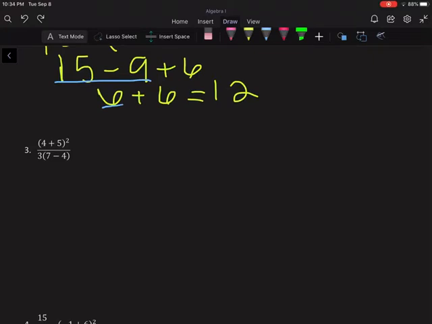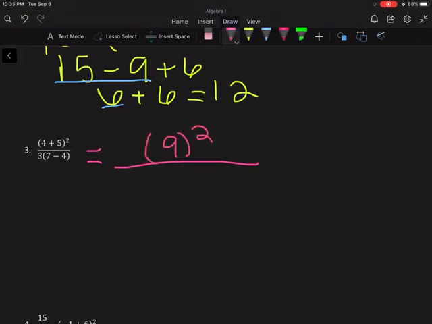Write that down. Alright, on these types of problems, you always want to simplify the top and bottom first.